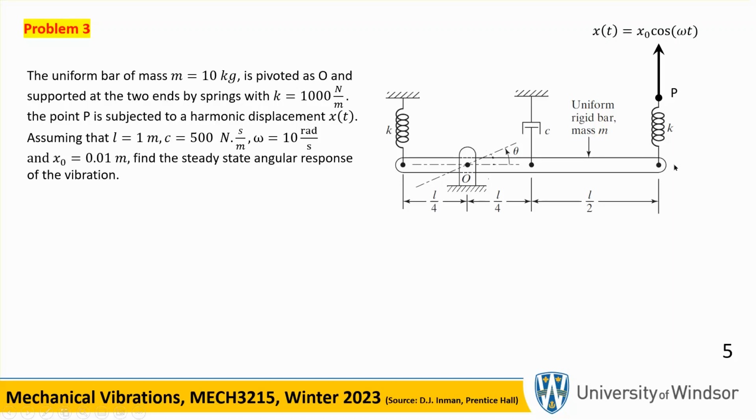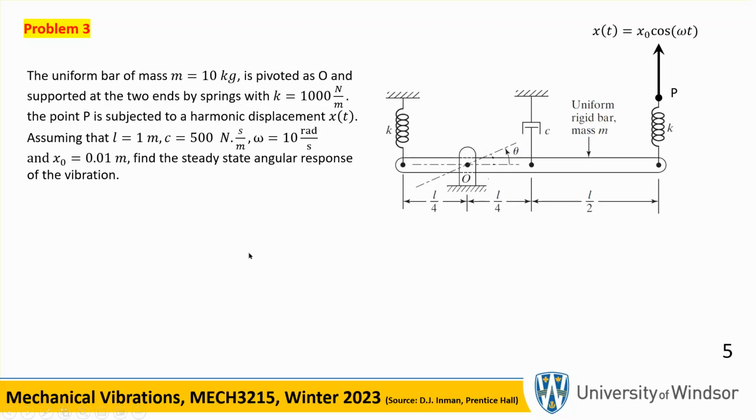Now notice that when you do this, this bar starts vibrating up and down and up and down. What you want to know is the maximum angular displacement when this bar goes up and down, hinged about that point. The maximum of this angle is going to be the amplitude of the oscillation of the angle theta.